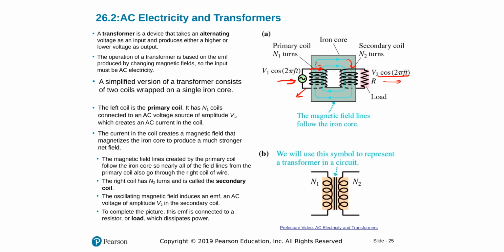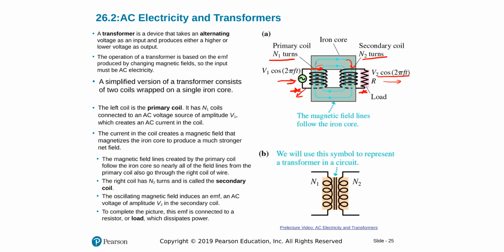And how we control how much we want to increase or decrease, we can do both with the transformer, by changing the number of turns. If I have a higher number of turns on the left, where I feed a potential difference, and a lower number of turns on the right, that will be a step-down transformer. It will take a high voltage and decrease it.